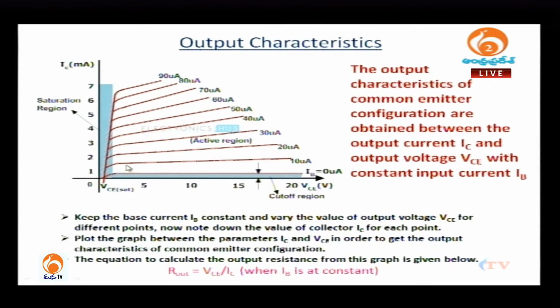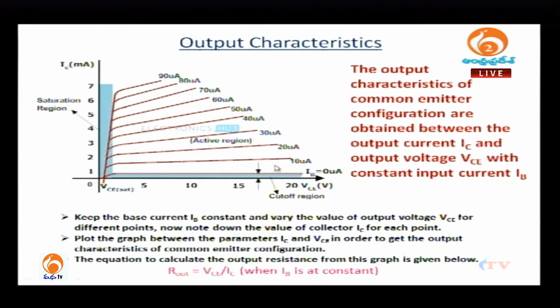That means, for VCE from almost 1 volt to about 20 volts, you can see that there is sufficient increase in the collector current. That means here the output voltage is also having some effect on the output current. This is only due to early effect.